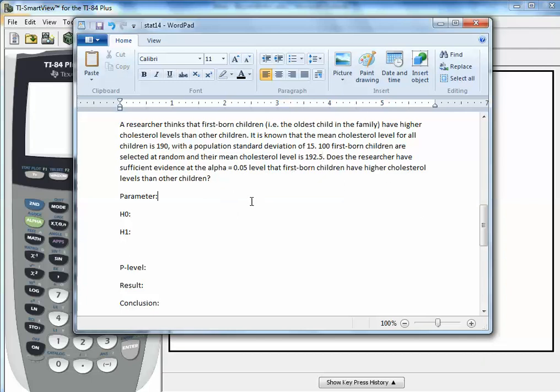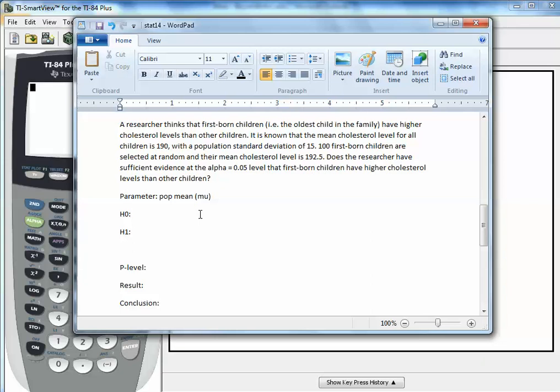The parameter we're looking at here is the population mean, or in other words, mu. Our null and alternative hypotheses have to do with what the population mean is for these firstborn children.